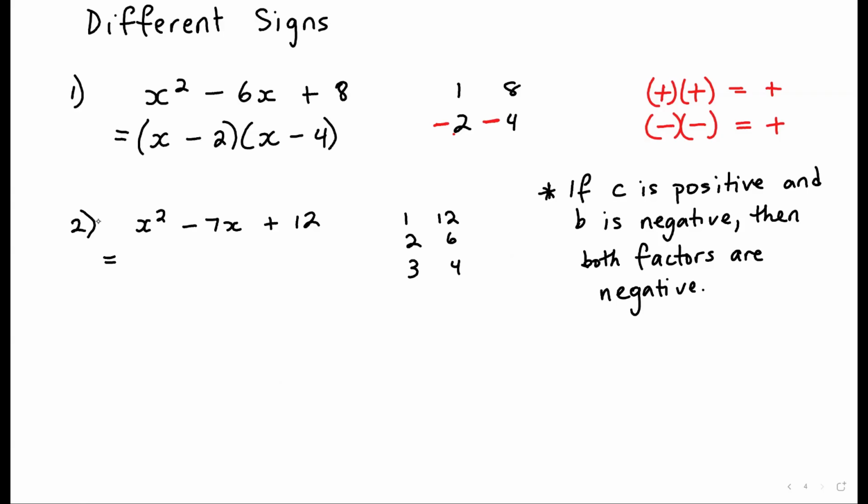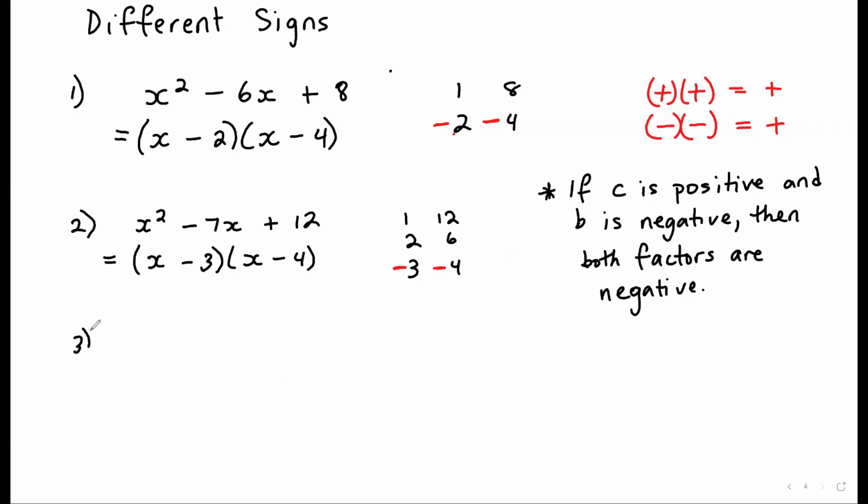And it works because -3 times -4 gives me back +12, but -3 take away 4 is -7, right? So the answer here, exactly as you've done before, except with both signs now, will actually be negative. So you're going to have -3 and -4.